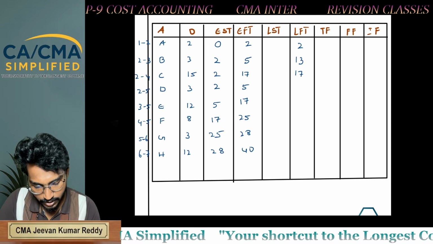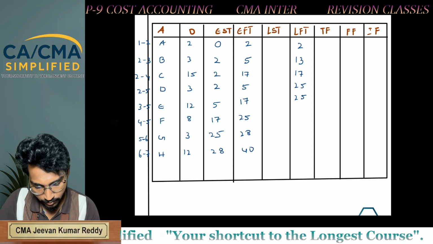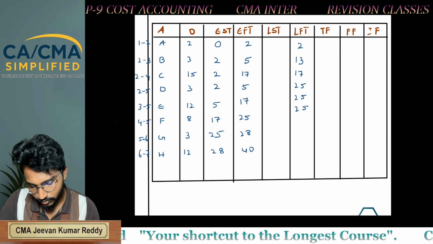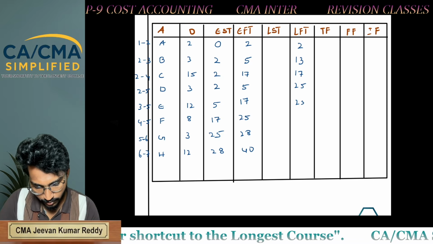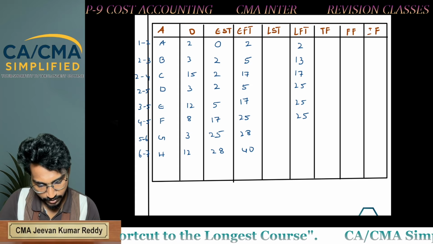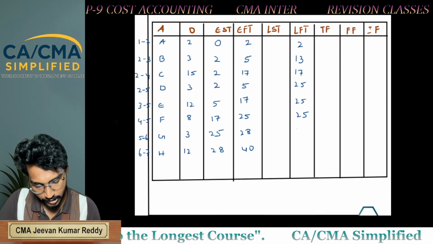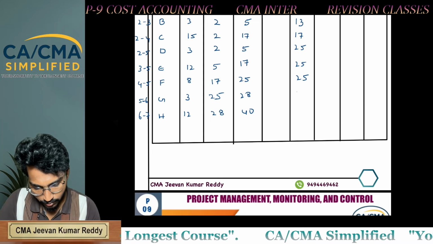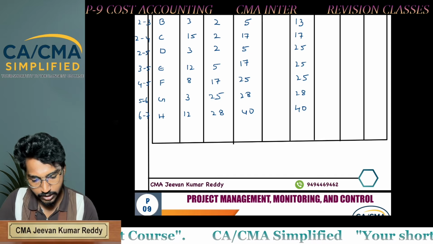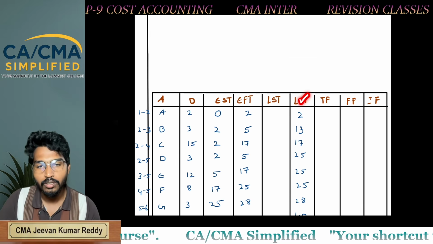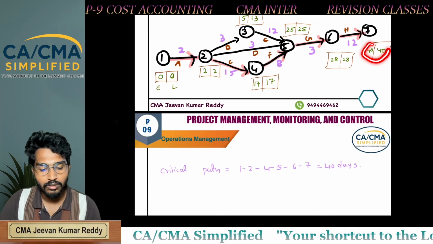For 5, it is 25, and again 5, 25. Next, for 6, it is 28. For 7, it is 40. That means finish time always ends at the last event.